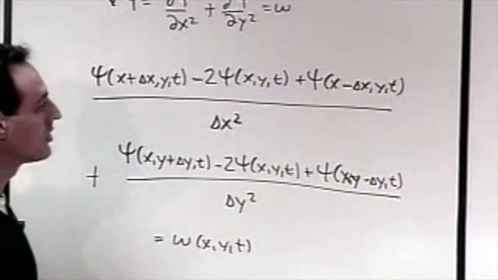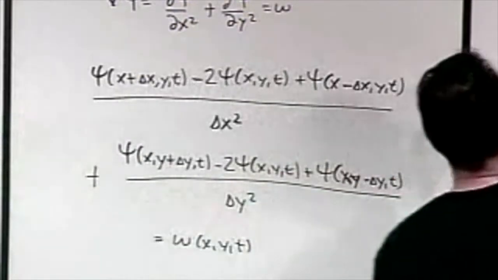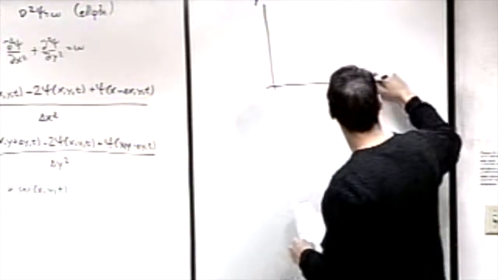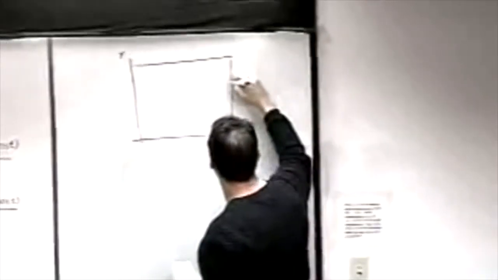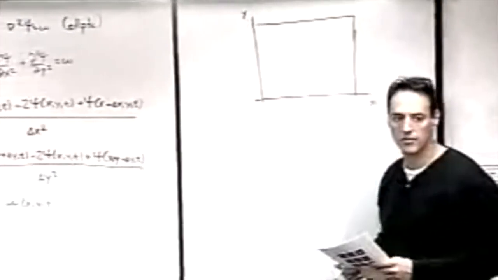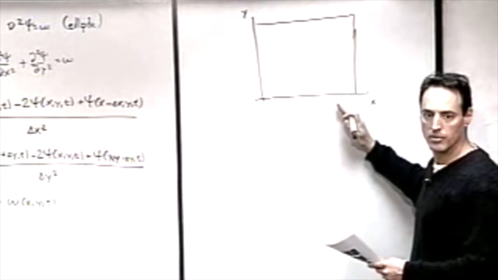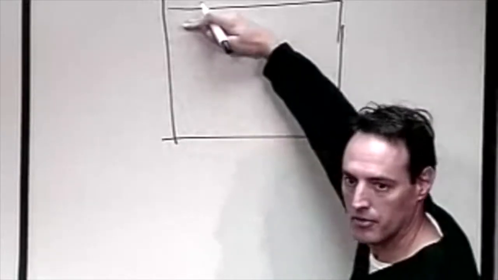Okay? So let's think about it from the perspective of some graph I'm trying to solve for x and y. My domain where I'm going to solve this, let's suppose, is something like this. And what do I do? Well, I'm going to chop this up into a bunch of points and chop this up into a bunch of points.